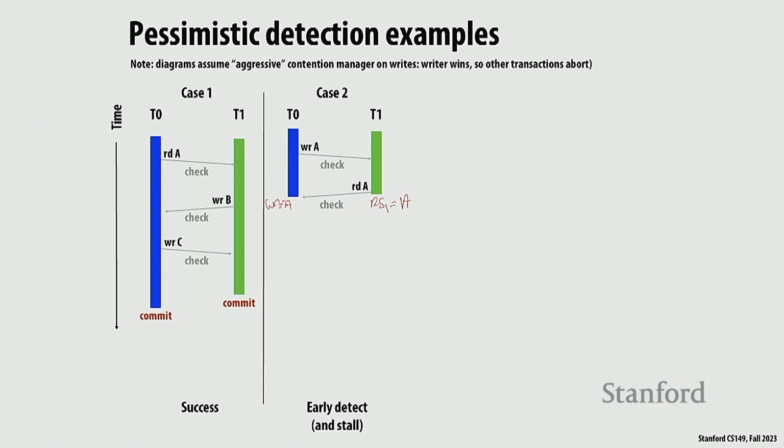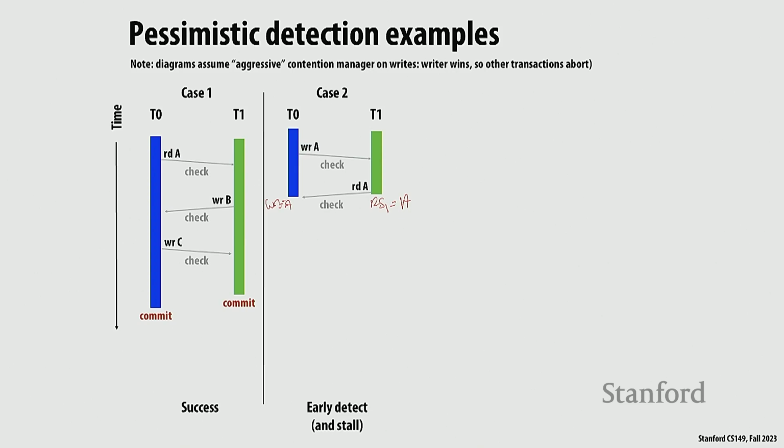And so what are my options here? I could abort 1 and restart it, or I could assume that at some point transaction 0 will complete, and I can then commence, so I can stall transaction 1.